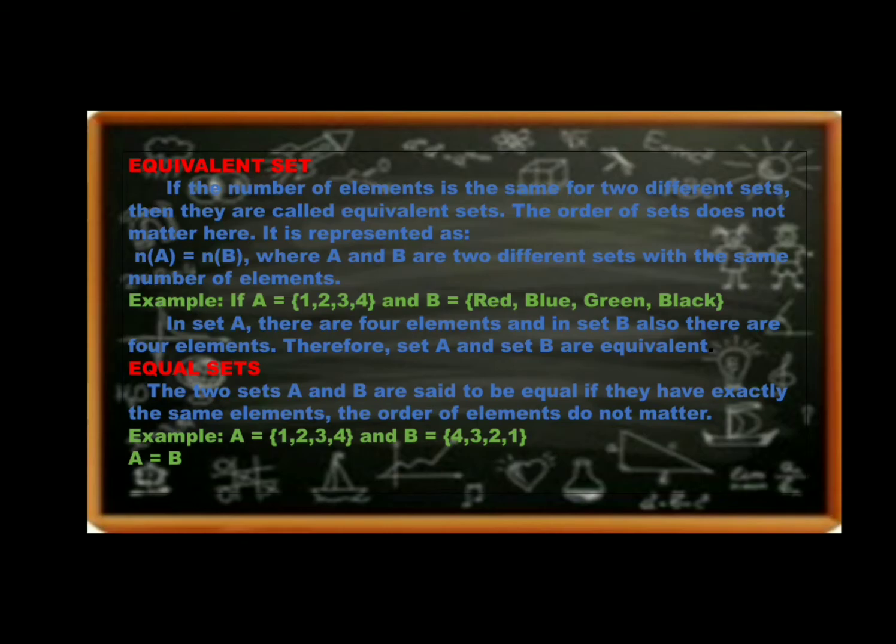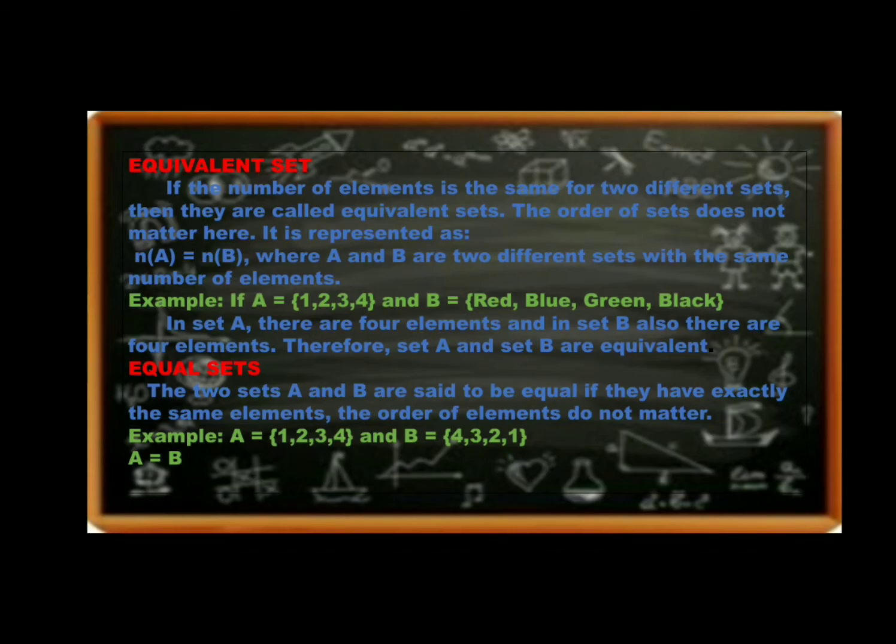Example, if A = {1, 2, 3, 4} and set B = {red, blue, green, black}, in set A there are 4 elements, and in set B there are also 4 elements. So therefore, sets A and B are equivalent.